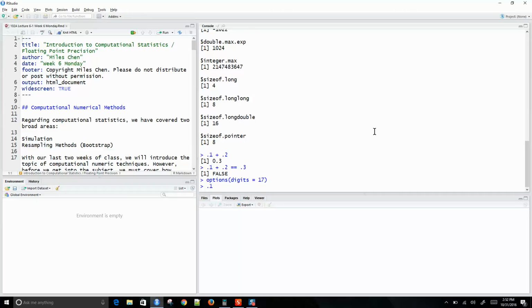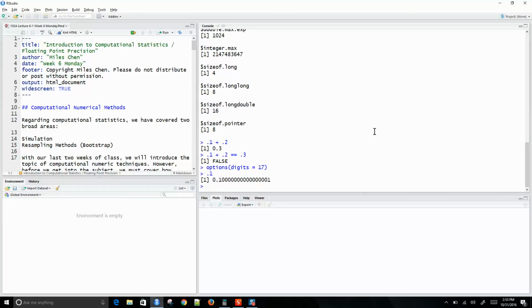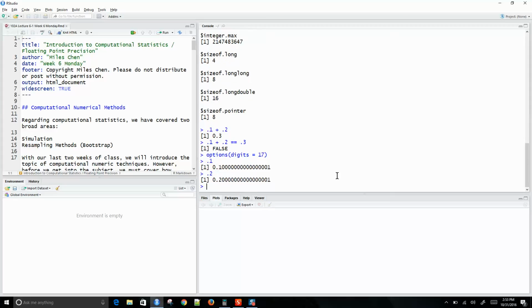And if we ask what is 0.1, it's not actually 0.1. Because there's only a finite number of values we can represent on the real line, the closest binary scientific number we can represent is not actually 0.1, it's a little bit off from it. 0.2 is also a little bit off.